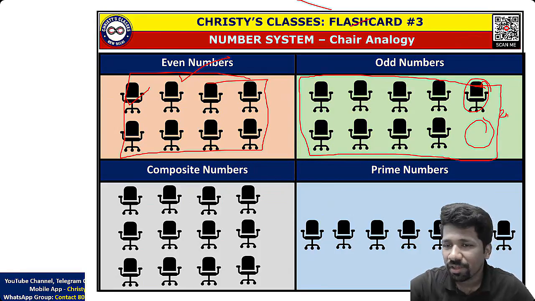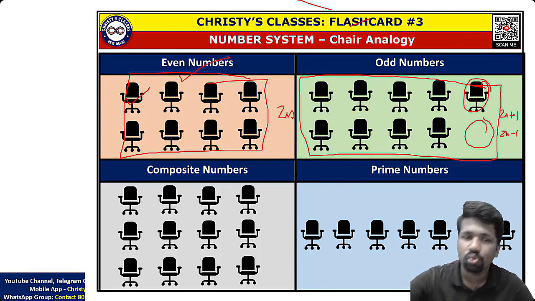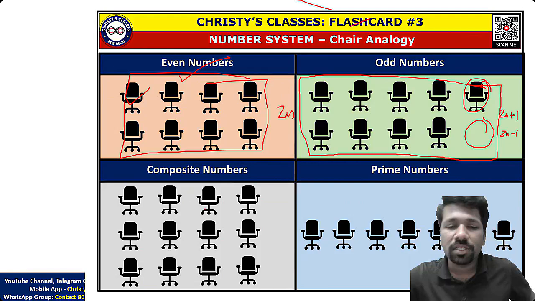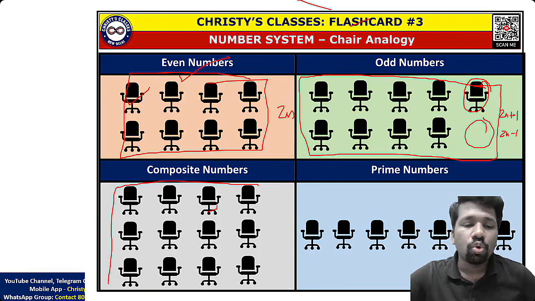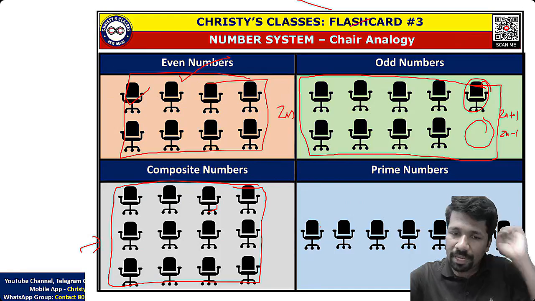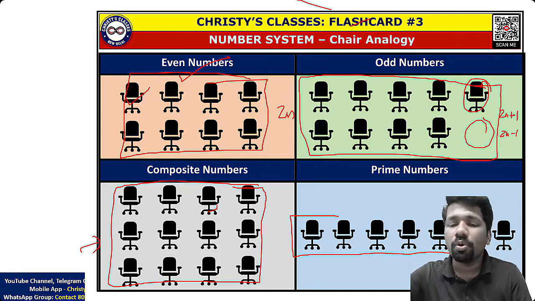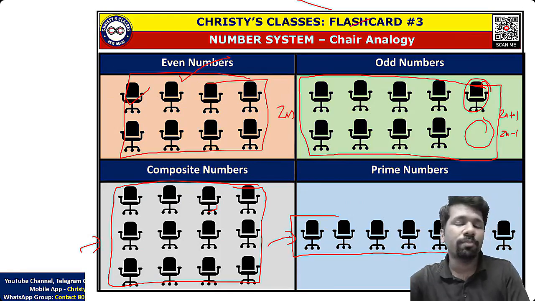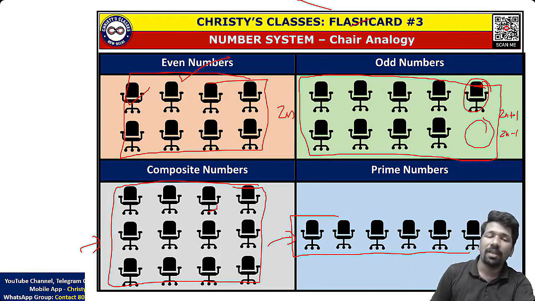That is another way of saying 2n plus 1 or 2n minus 1, and this is 2n type of numbers. Composite numbers can form rectangles, but not only with 2 rows, you can form rectangles of any dimension. But prime numbers can form only a rectangle with 1 row or 1 column.